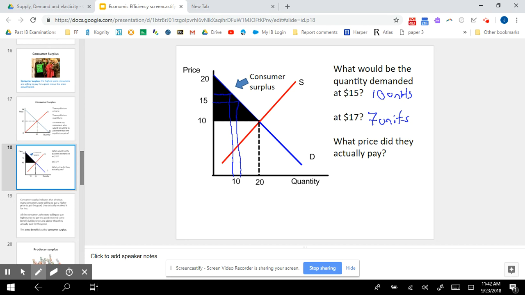But what price did they actually have to pay? That was the $10. So again, the consumer surplus is the difference between the price that consumers were willing and able to pay minus the price they actually paid. So the entire consumer surplus is that shaded triangle.